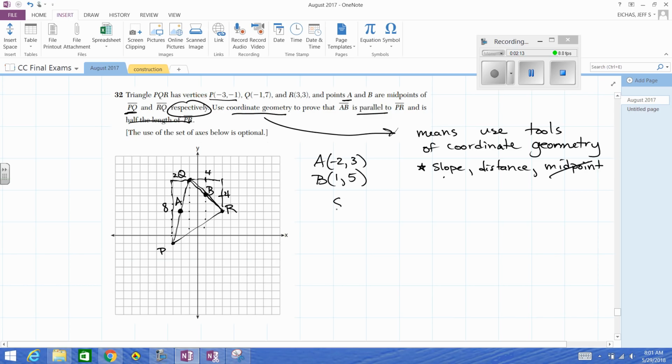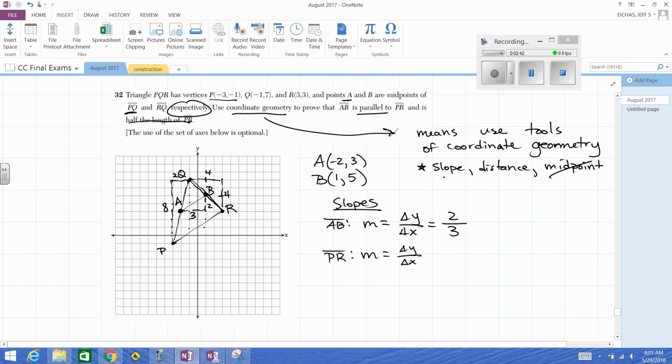All right, let's go slopes first. AB: change in y is 2, change in x is 3, and it's going up, so that's positive. Okay, PR: same thing, change in y over change in x.